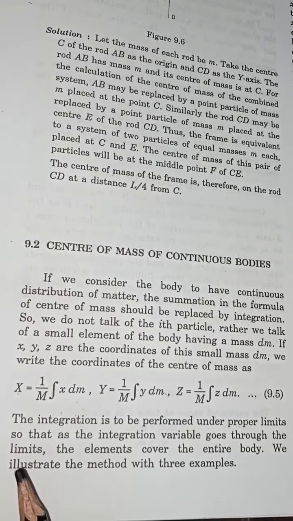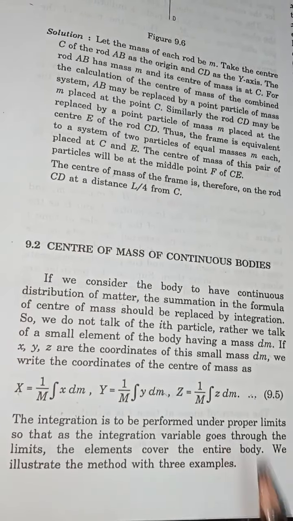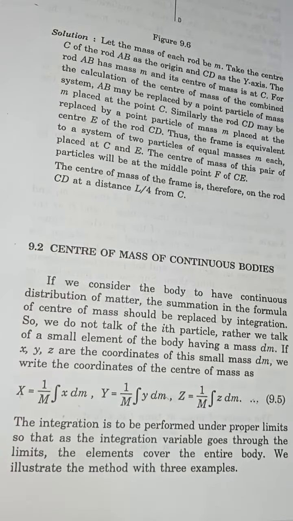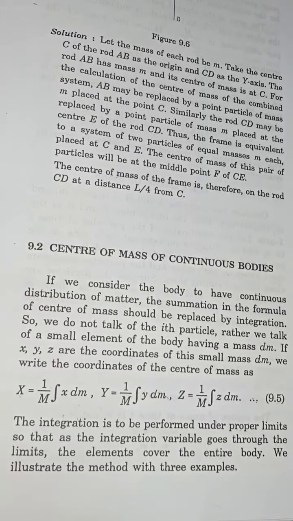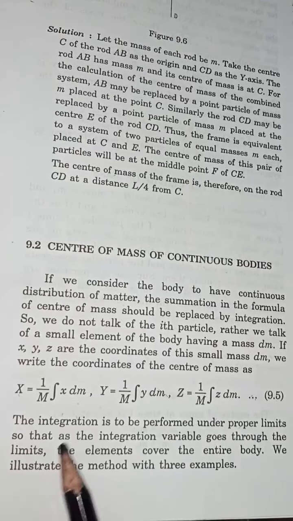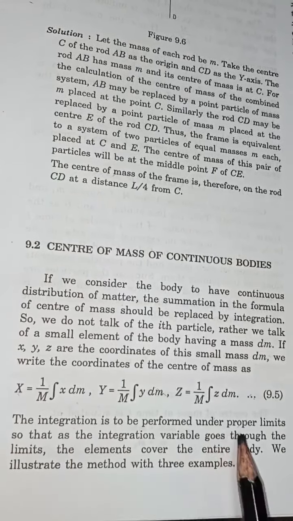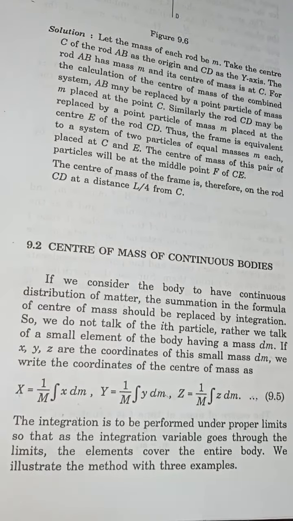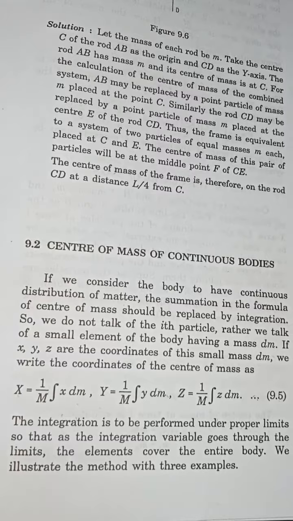It is very important that the integration is performed under the proper limits. It means we will do finite integration, not indefinite, because there would be a constant. The variable goes from limit to limit so that the element covers the entire body. The method I am just explaining to you with three examples, one by one.